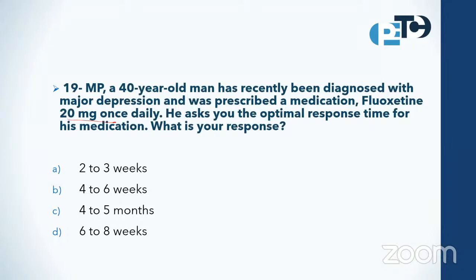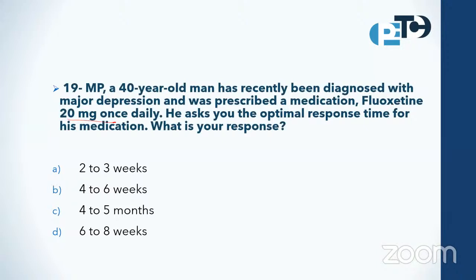What is the optimal response time for his medication? What is your response? Here we are talking about the period until the start of the antidepressant effect, for getting the full effect of the antidepressant. It ranges between 4 to 6 weeks.